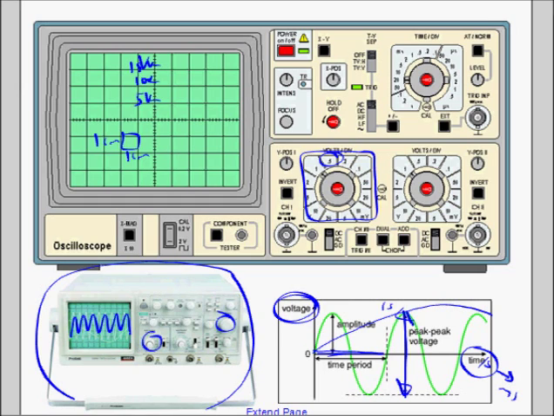Okay, if we change the time one here to 1 millisecond per division, okay, that will be 1 millisecond, next one will be 2 milliseconds, 3 milliseconds, and so on. So effectively we're creating just what goes on the scale on the graph.